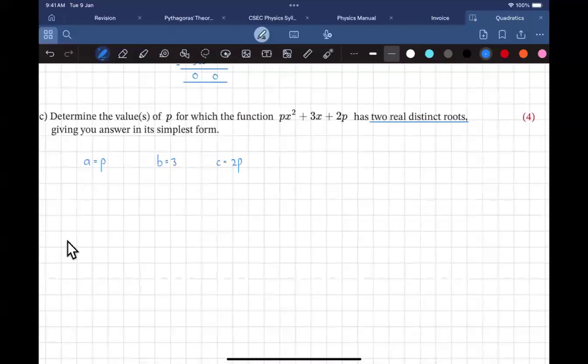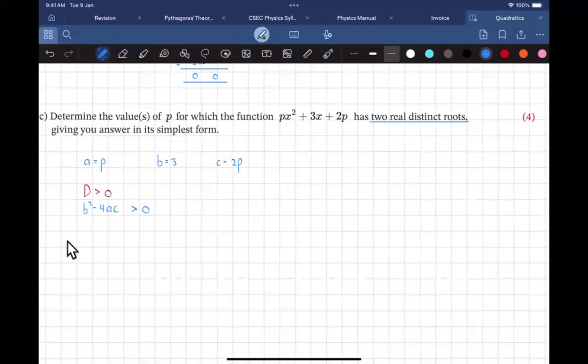You know why I say 2p? Because it's not x. Exactly. And which case is this? The first one, so D is more than 0. And what's the formula for the discriminant? b squared minus 4ac, and that has to be more than 0.